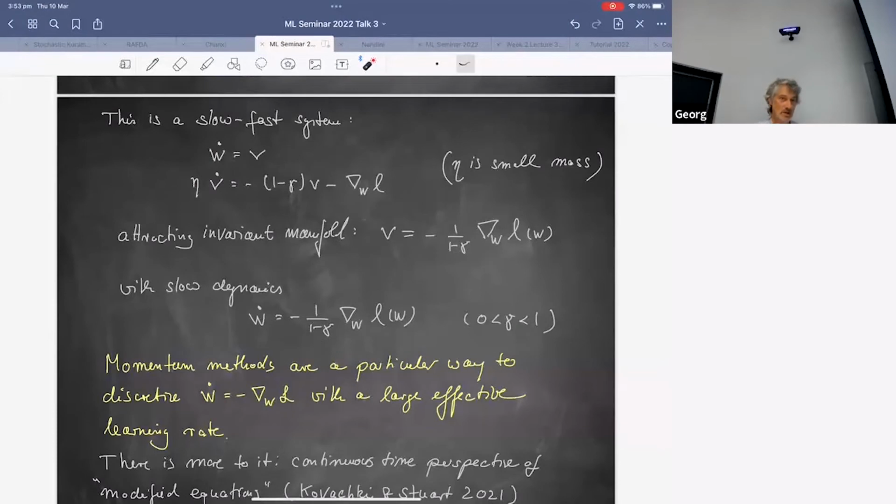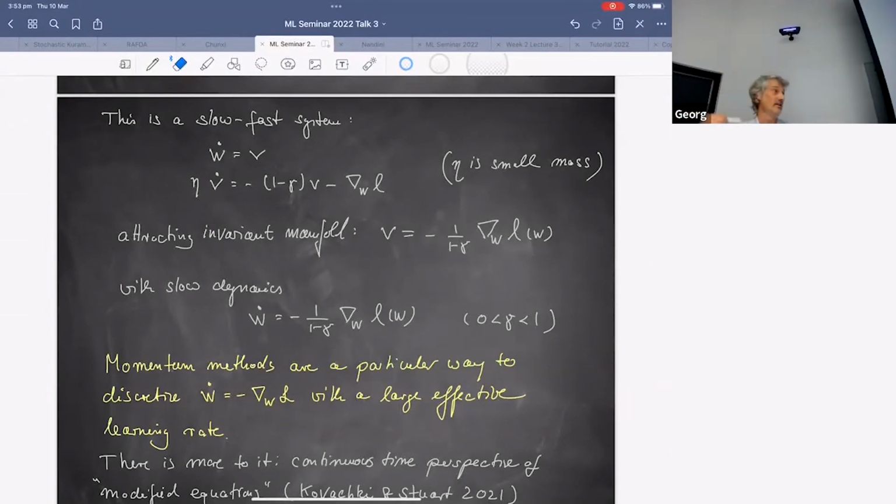Yeah. So you can show that for this slow-fast system there's an attracting invariant manifold, where after an initial transient, the v is slaved to the w. Okay, and this exists in an approximate way.